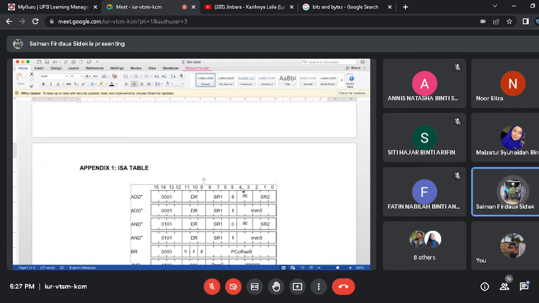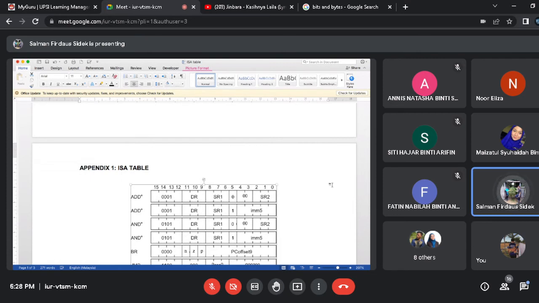Okay, let's say the instruction is 0001, and then for DR is 001. Remember, write on the piece of paper in front of you. Please write this. I repeat. Let's say we take the first instruction as an example. Tulis.